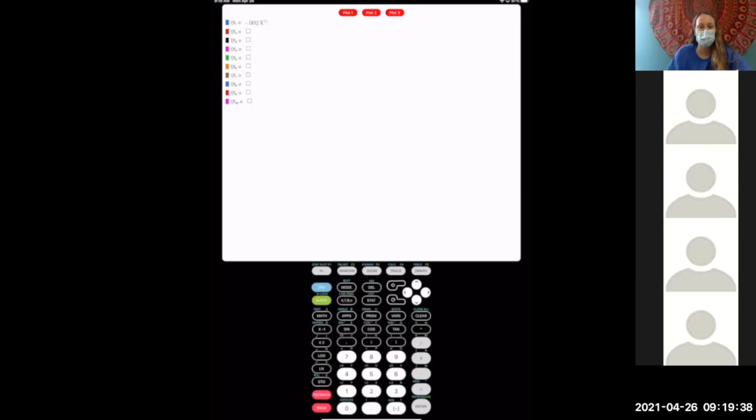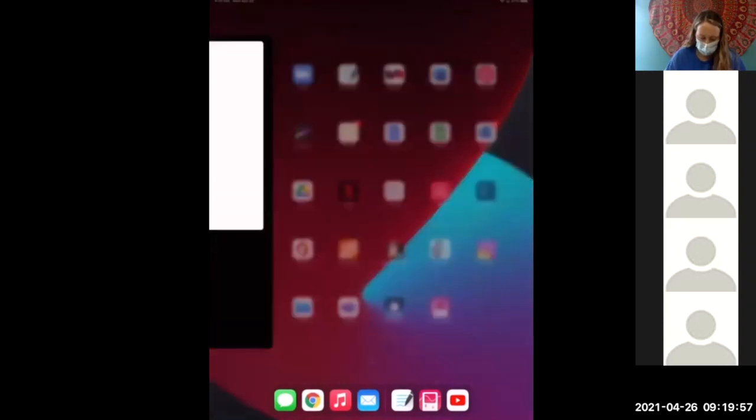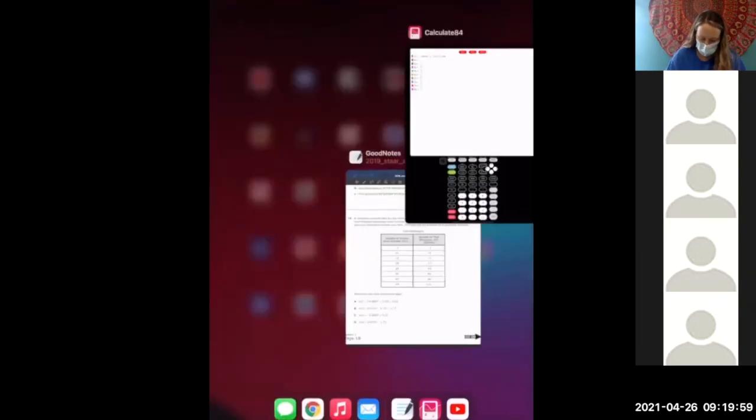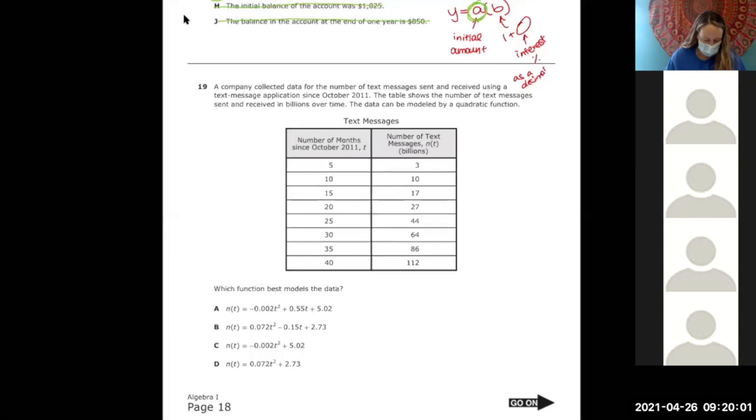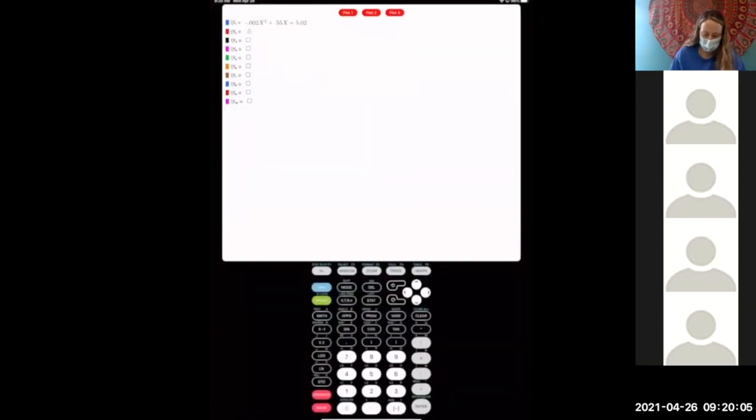Negative 0.002 t squared. Okay. Plus 0.55 t plus 5.02. Okay. I'll just go back and forth. Okay. Sorry, guys. It's hard. 0.072. And we're changing the t's to x's, by the way. Hopefully you guys noticed that.